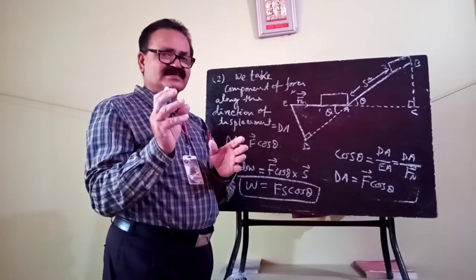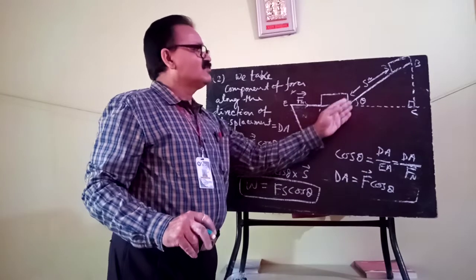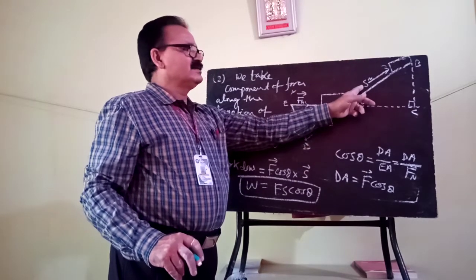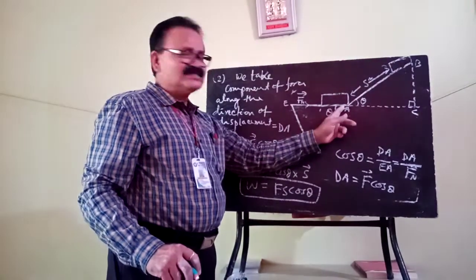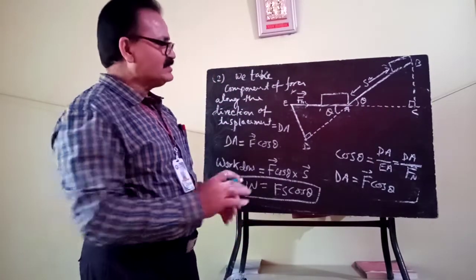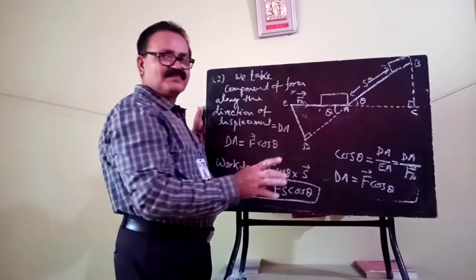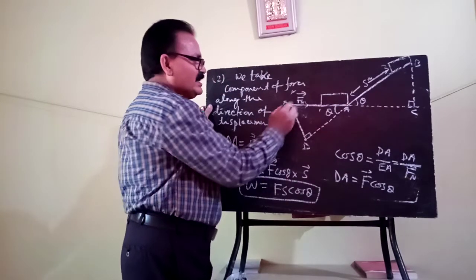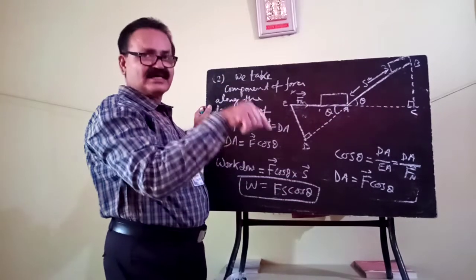Suppose you are striking a coin with a striker, and the coin goes by making an angle theta, and the displacement of the coin is your s. And the striker never stops here. The striker also proceeds forward. So that means, by applying a force on the coin, the coin moves by making an angle theta, and the striker does not deliver the entire force on the coin.